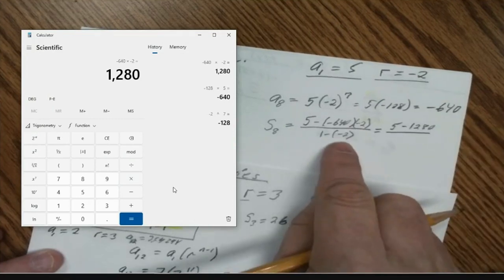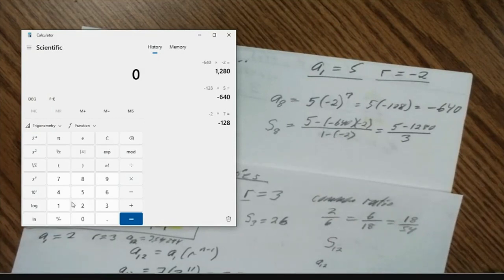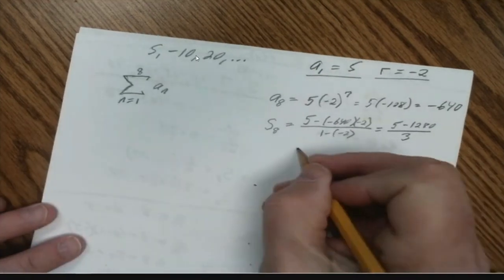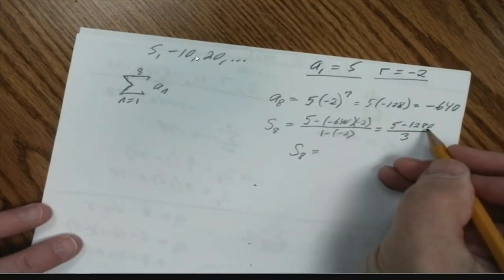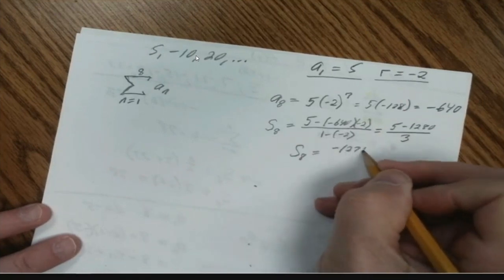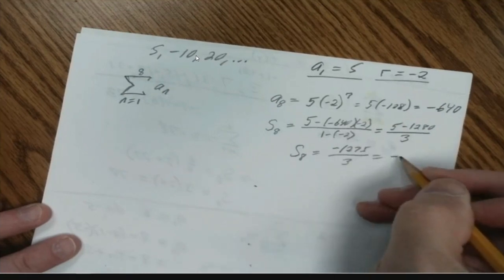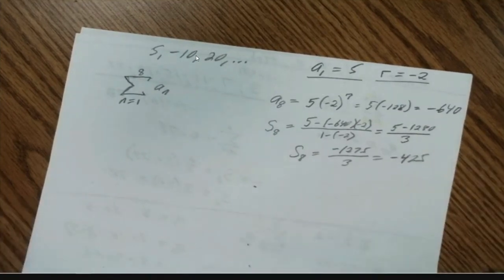And 1 minus negative 2 is a positive 3, because we subtract the negative. 5 minus 1280 is negative 1275, over 3, which is negative 425. So that's what the first 8 terms add up to: negative 425.